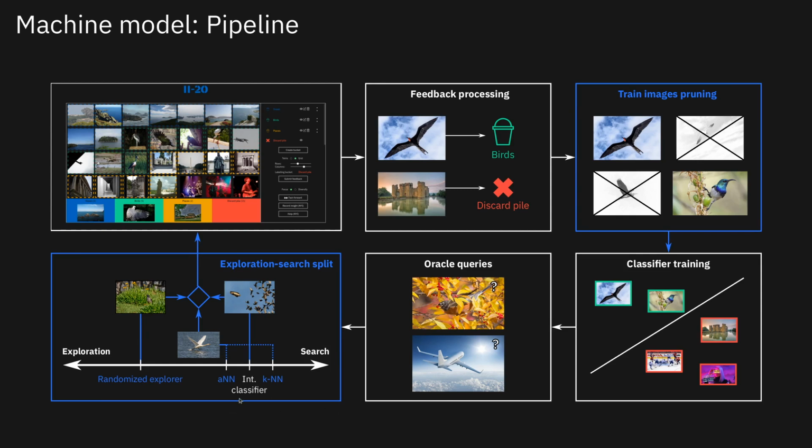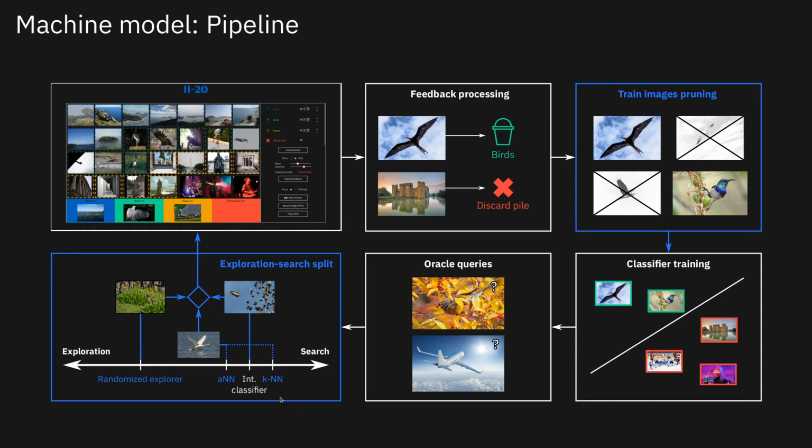Instead of receiving suggestions just from the interactive classifier or from the search, the user will receive suggestions from all three components in a certain proportion. This proportion is determined by the performance of the interactive classifier and the nearest neighbor search in the previous rounds.